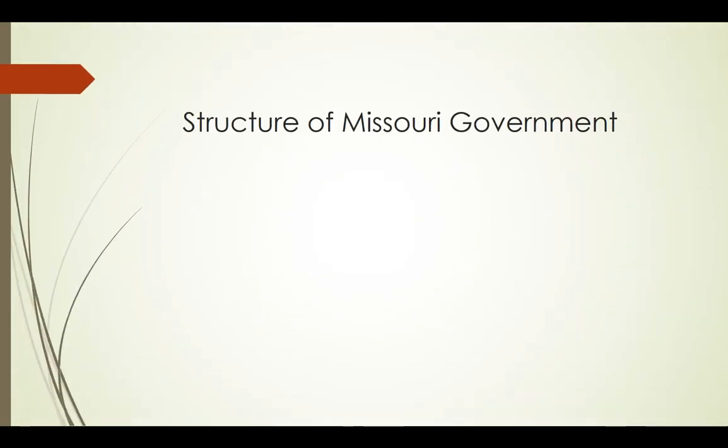Now, in addition to that, let's talk about how the Missouri Constitution sets up the structure of Missouri government. Because it sets it up in the same way that the United States government does. The United States government has a legislative branch, so does Missouri. The legislative branch at the federal level is called Congress, but Missouri's Congress, we call it the General Assembly for whatever reason.